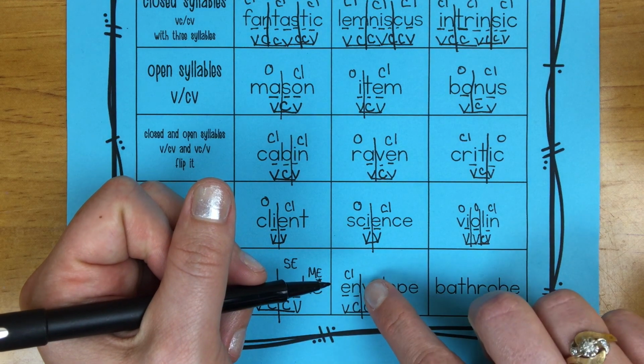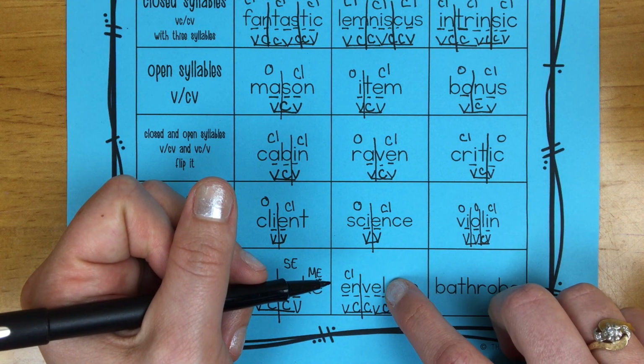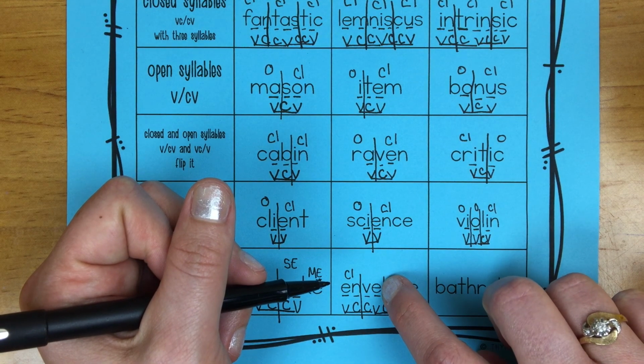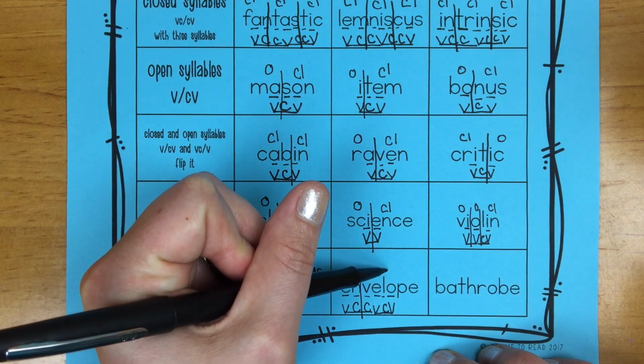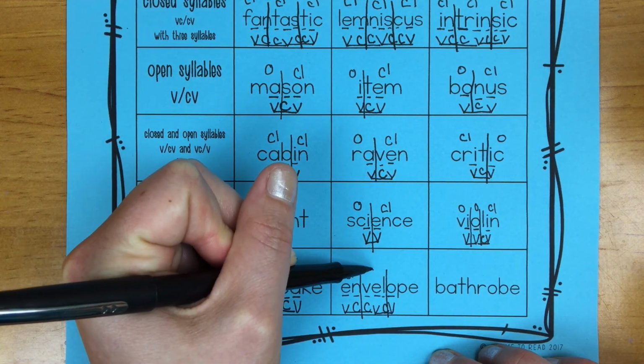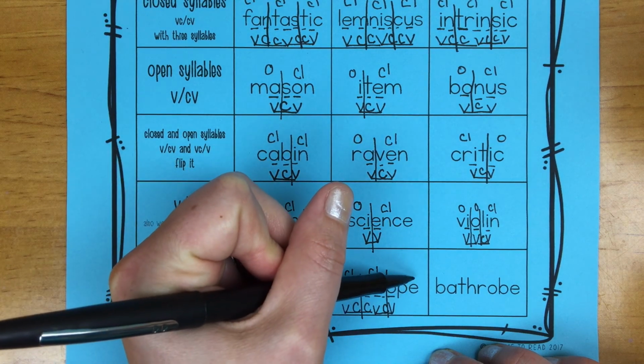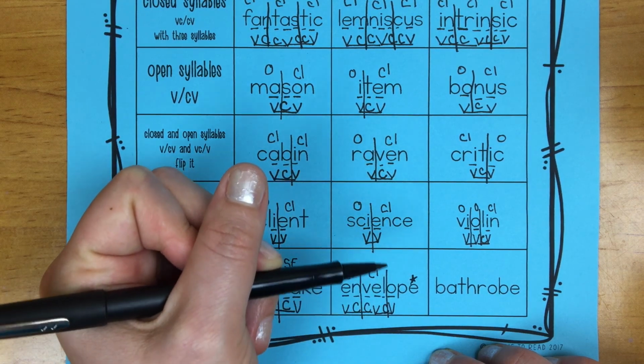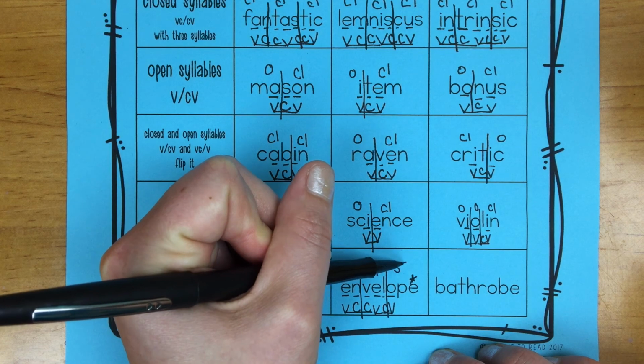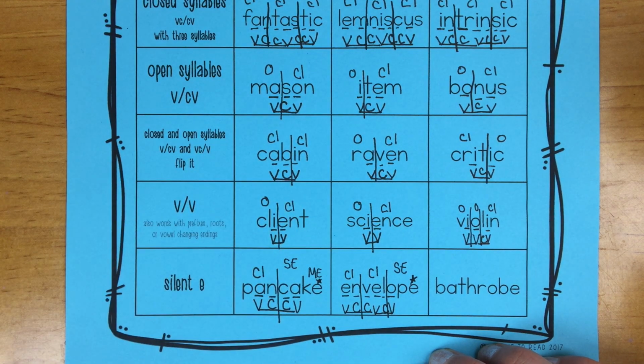Is it going to be N-vel or N-V? N-vel, this is a closed syllable. This E at the end does not make a sound, so this is a silent E syllable.